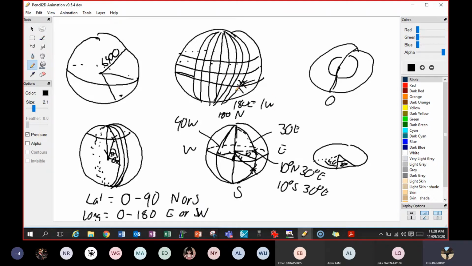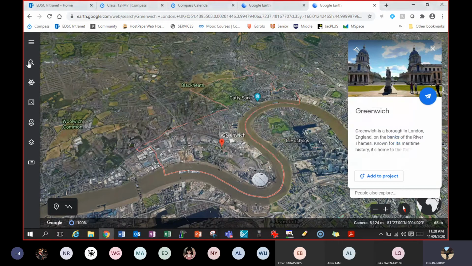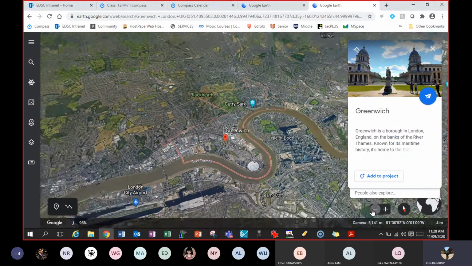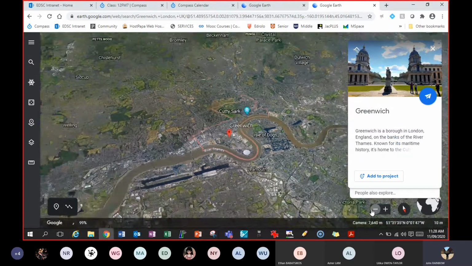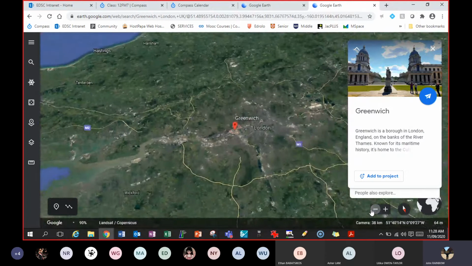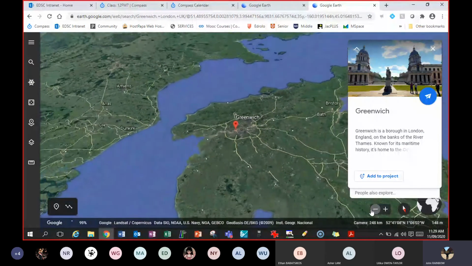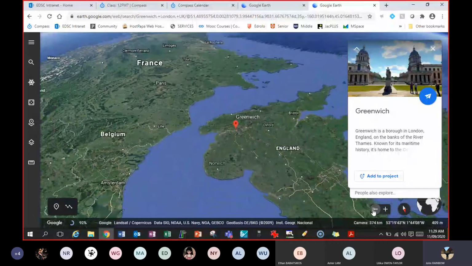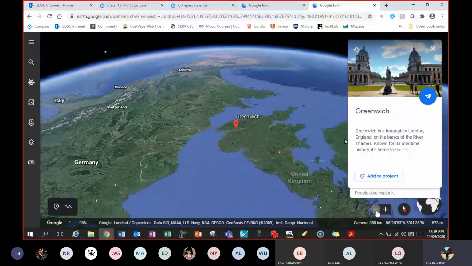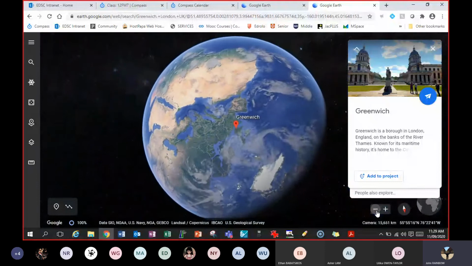So going back to Australia, if we look at Melbourne, for example, so that's the 0 line. So if I zoom out of Greenwich, so we keep on going. Sure, there's a quick way you can do this. So we're talking about the whole world, right? Oh, there's Greenwich.